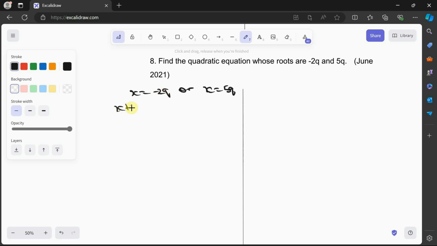That will be x plus 2q is equal to 0 or x minus 5q is equal to 0, and if you backtrack, you realize that this comes from what we said, x plus 2q times x minus 5q is equal to 0.